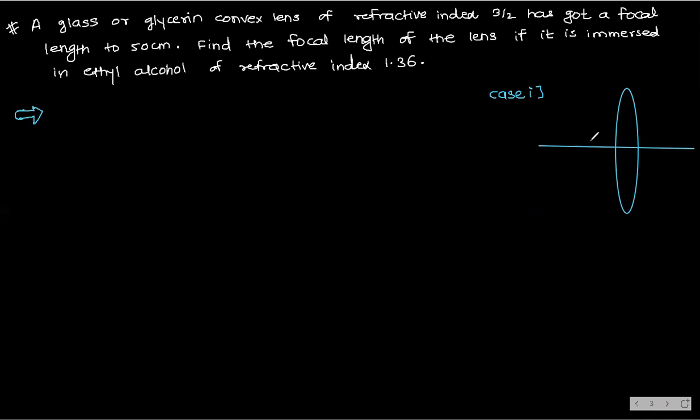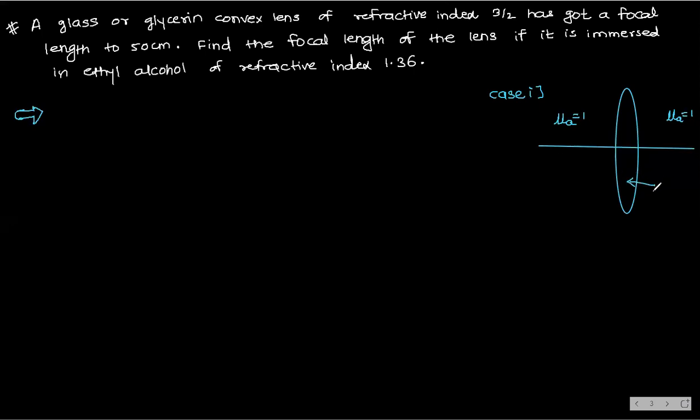अब देखो, ये जो है convex lens that is surrounded by air, so this is mu a, and here also mu a which is equal to 1, and this has refractive index how much?